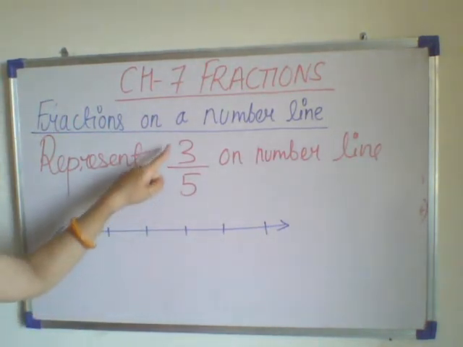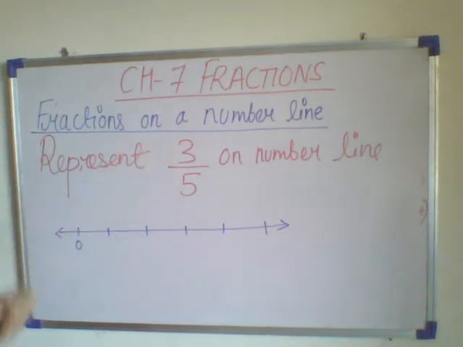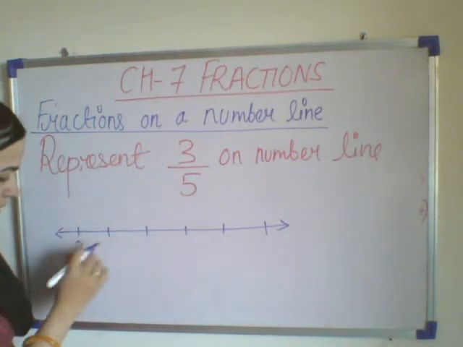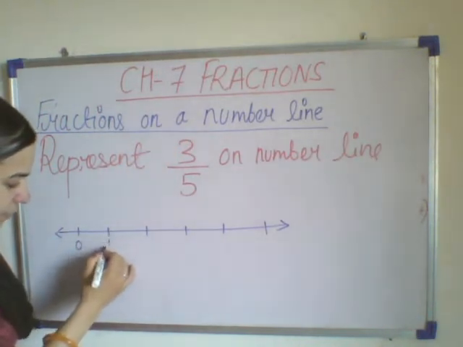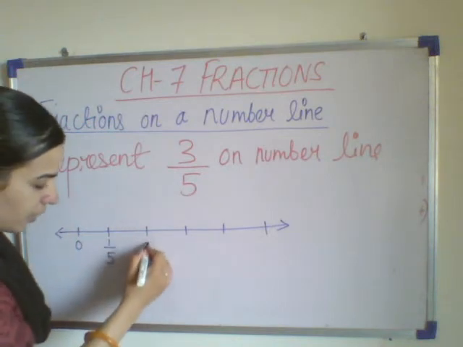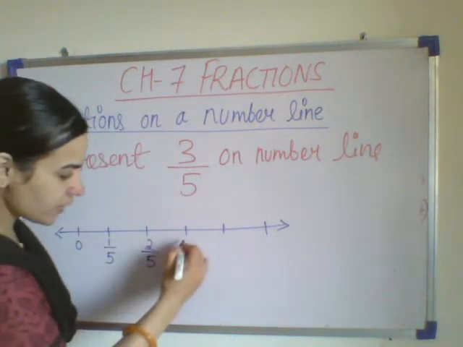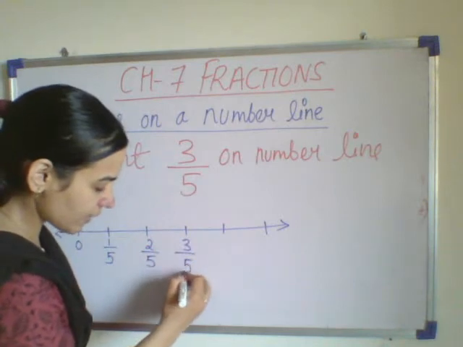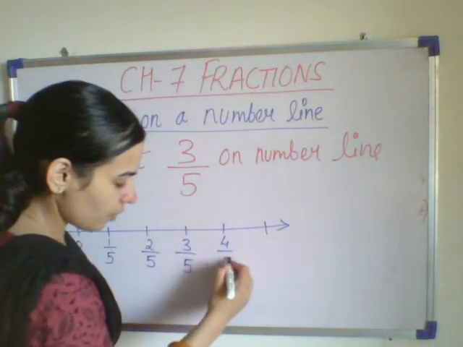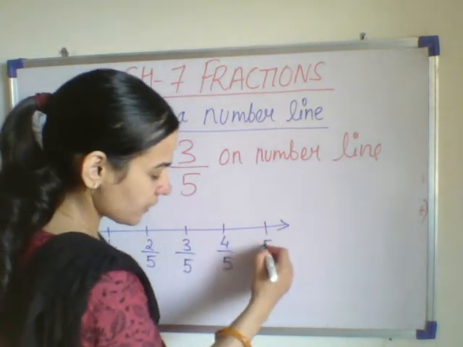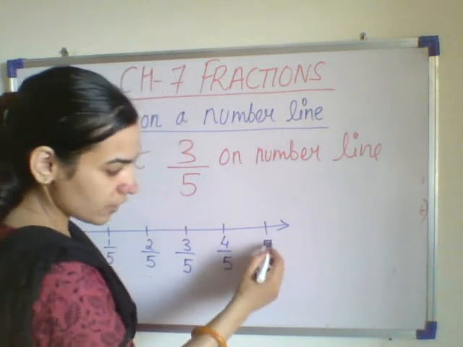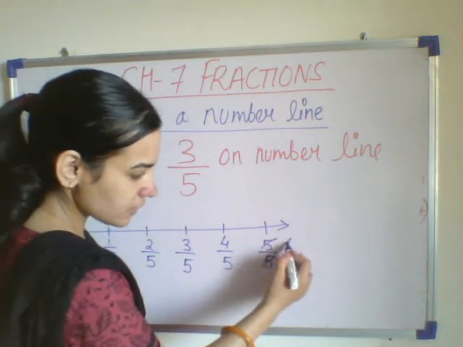Then what is given in the numerator? 3. So count from here. This will be 1 upon 5. This point will be 2 upon 5. This will be 3 upon 5. This point will be 4 upon 5. And this point we can write as 5 upon 5. So this 5 and 5 cancel, so it is 1.